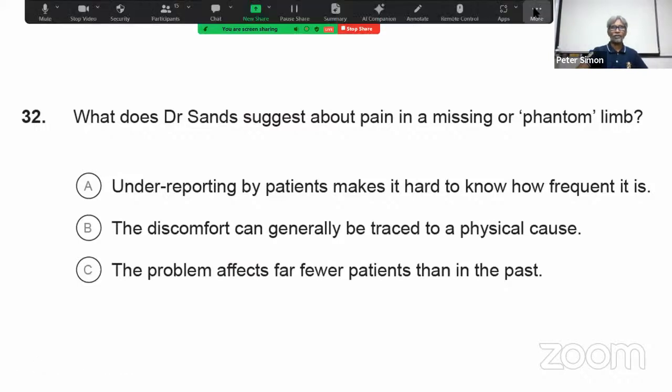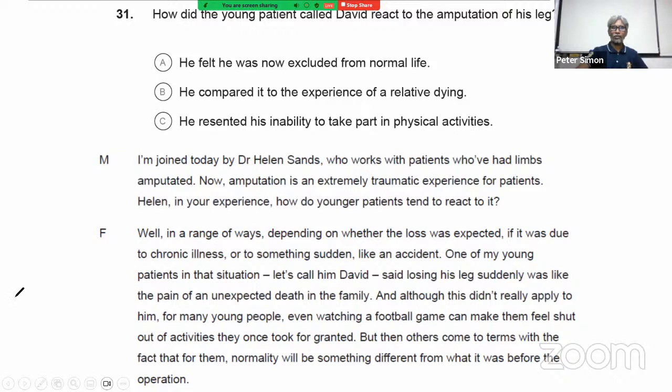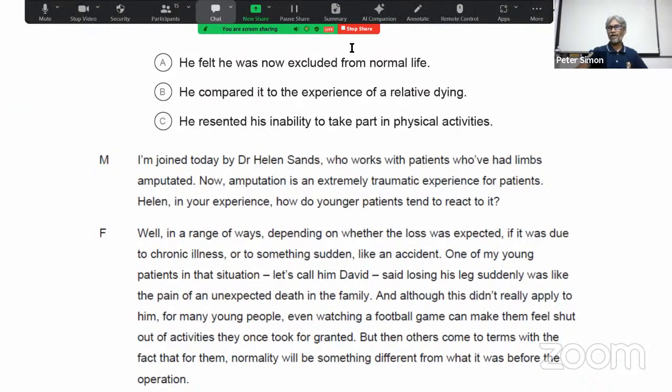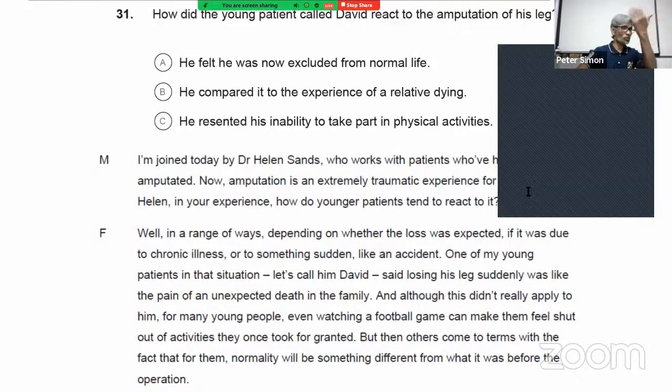Question number 32. But before going to question number 32, what I want you to do is, do me a favor. I don't know whether I am going in the right direction or not. For your purpose, I know practically what I am doing.